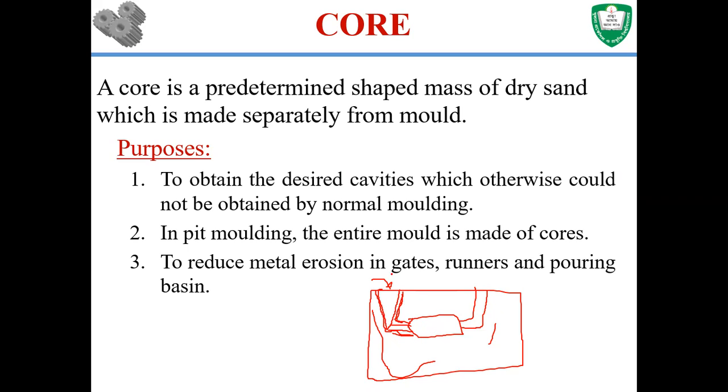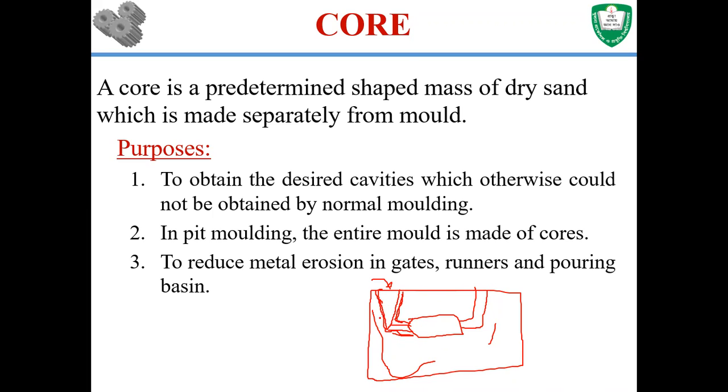Sometimes when you pour the molten material through the sprue, the surface sands stick to the molten material. If the mold is not prepared properly, then surface sand gets mixed with the metal, and that is an impurity.